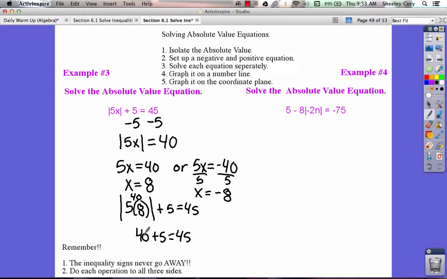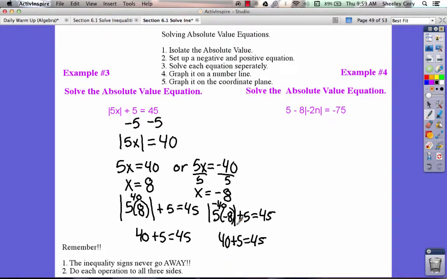We know 40 plus 5 equals 45, so this works out just fine. Now let's plug in the negative 8. We get the absolute value of 5 times negative 8, plus 5, equals 45. Well, 5 times negative 8 is negative 40. We know the absolute value of negative 40 is 40, plus 5 equals 45. So that one works as well.